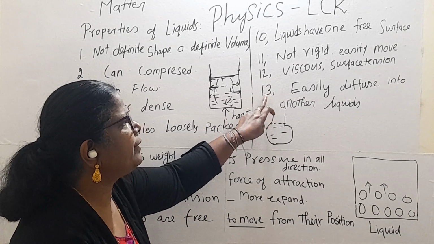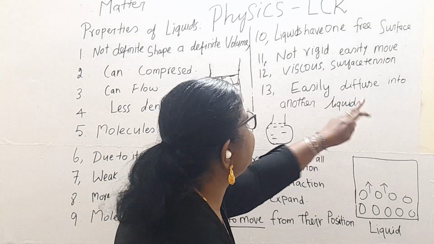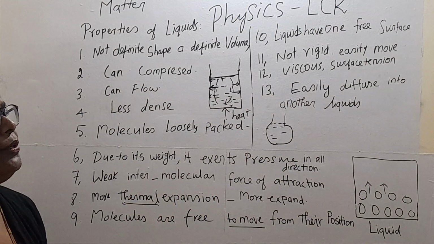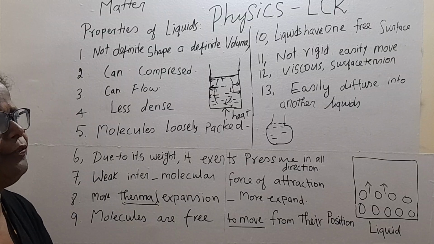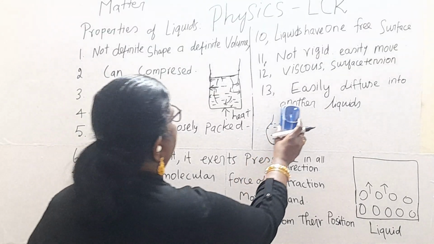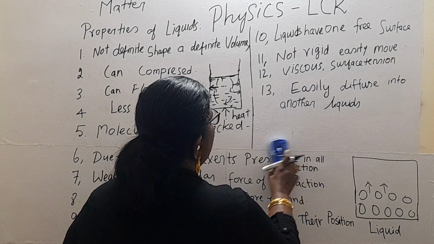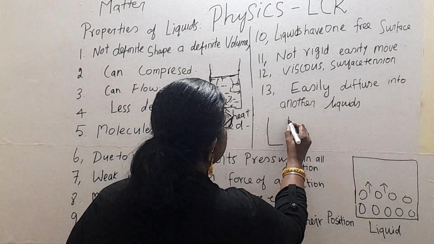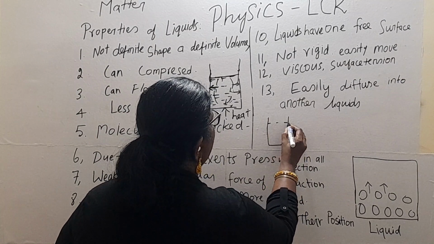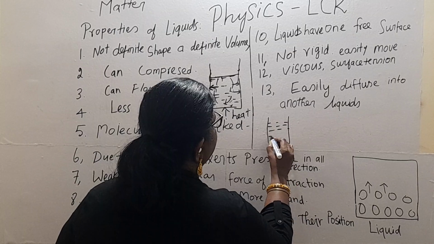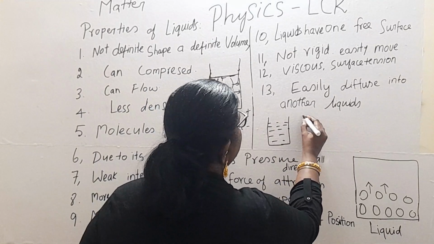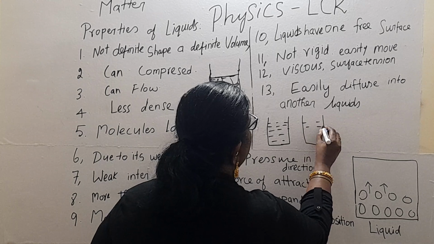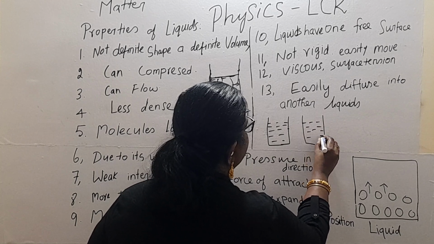13th point: liquids easily diffuse into another liquid. Solids cannot diffuse. Take one container with water, H2O, and another container with milk or juice or a cool drink, not oil, because oil is different.